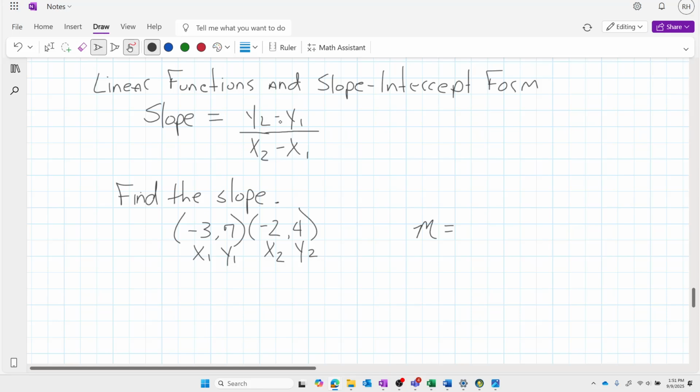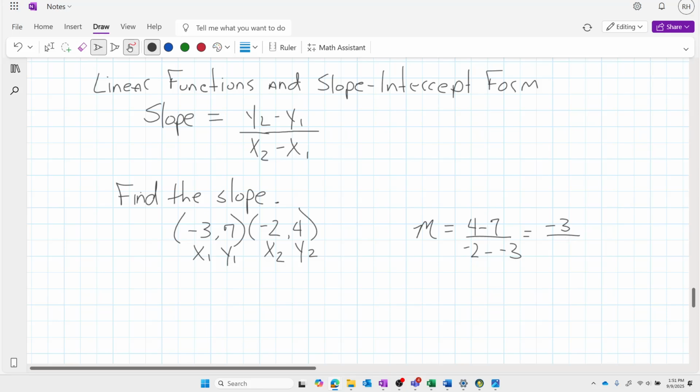So we're going to take y sub 2 minus y sub 1, so 4 minus 7. And we're going to divide it by -2 minus -3. And 4 minus 7 is -3.